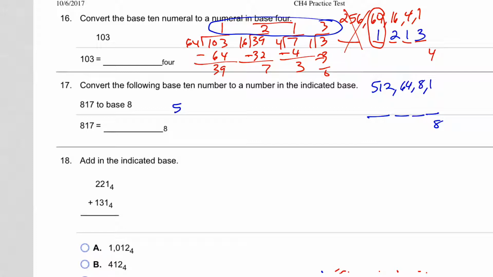So that 4th place value is 512. How many 512s are there in 817? That's definitely once. So 512. Then we subtract. It's 305.